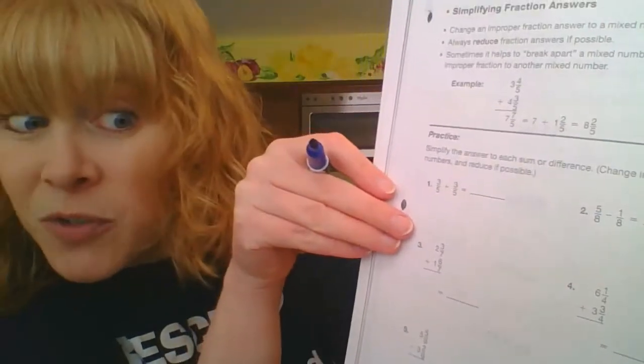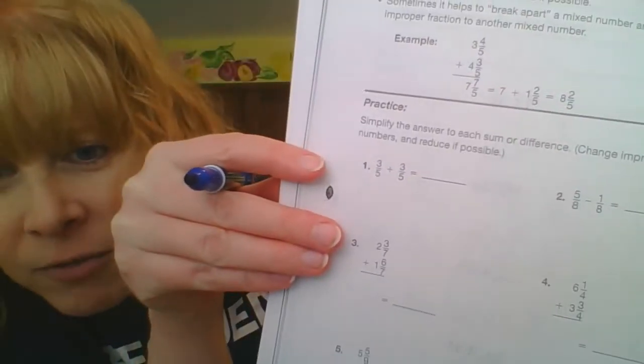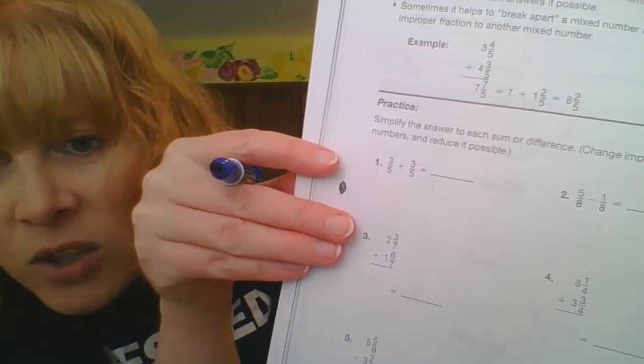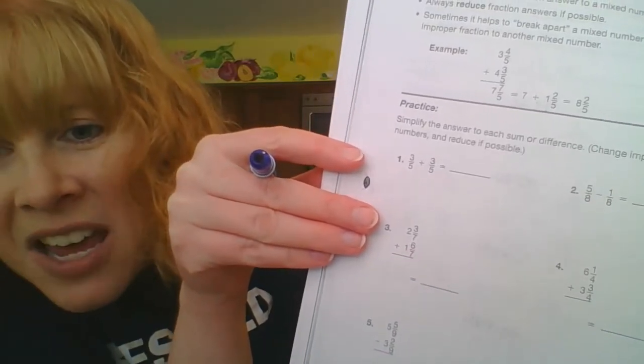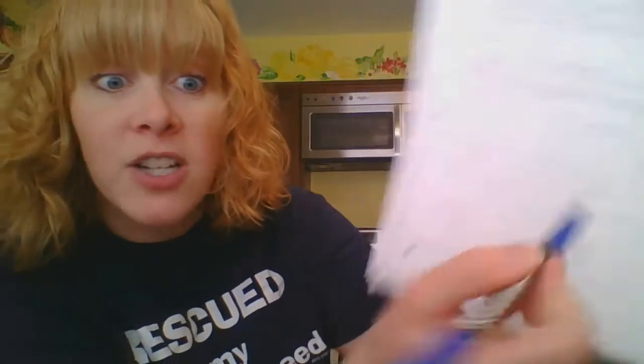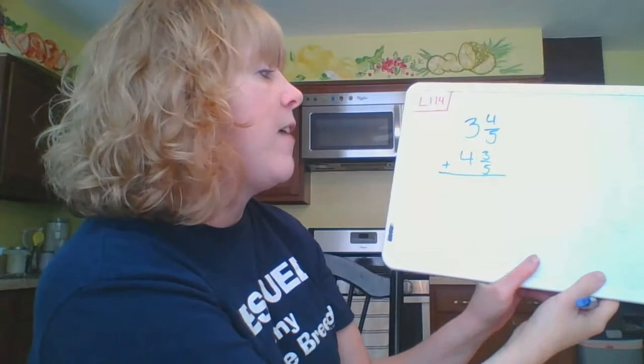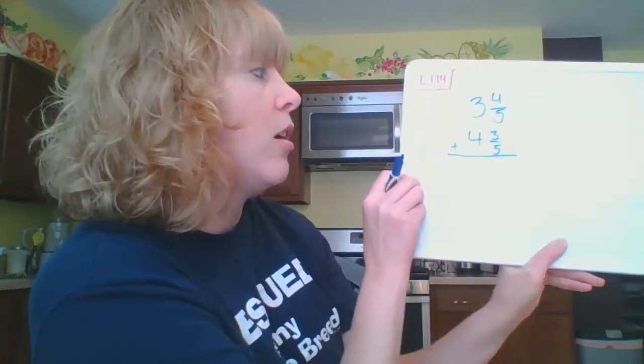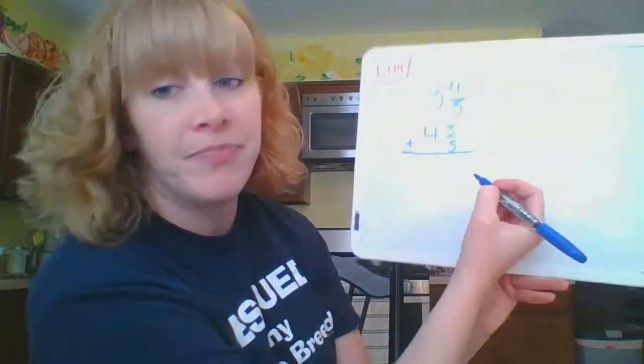You might have mixed numbers for your answer, but you're adding fractions. I like to add and subtract my fractions in a horizontal number sentence when they're only fractions. But when you are doing mixed numbers, the way my brain works, I think it's easier to set it up vertically. And that's how they do that problem in your worksheet as well. So I have 3 4/5 plus 4 3/5.